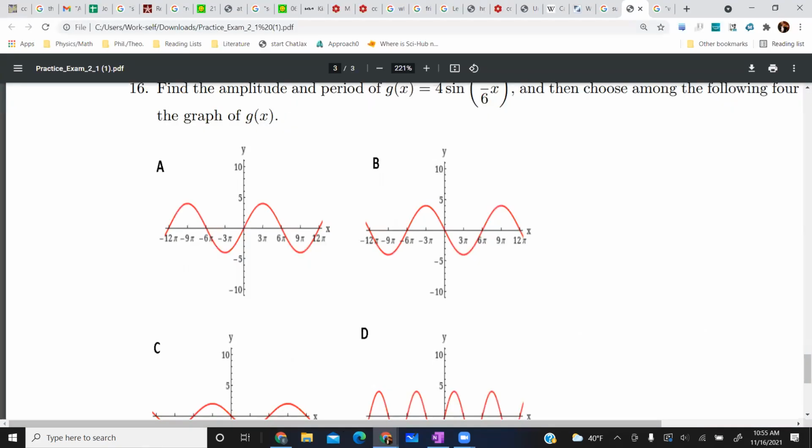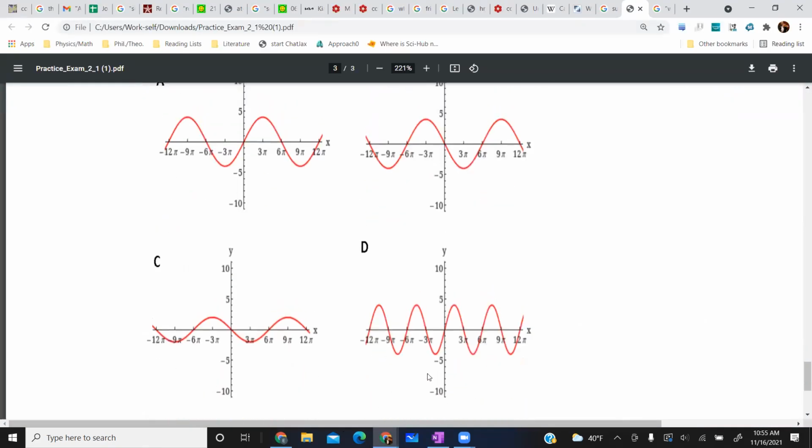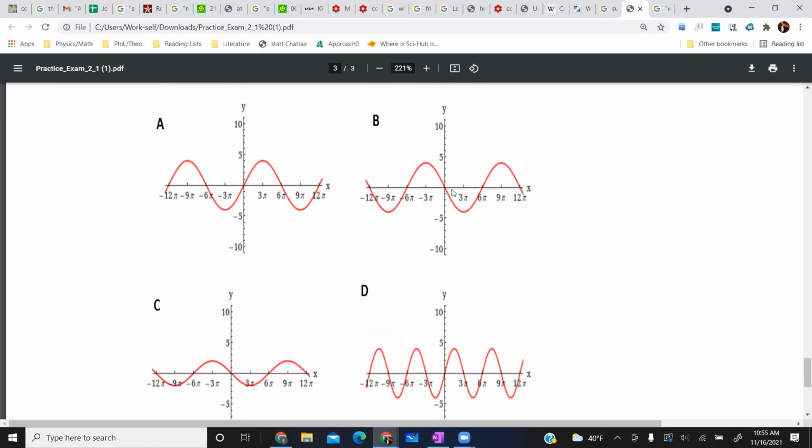So first of all, because of the general form of the sine curve, we can rule out options B and C, because when you go to the right, the function goes down. Same thing for C. When you go to the right, the function goes down. The function is supposed to go up. So the only options are A and D. Now we just need to determine whether A or D is the right option.